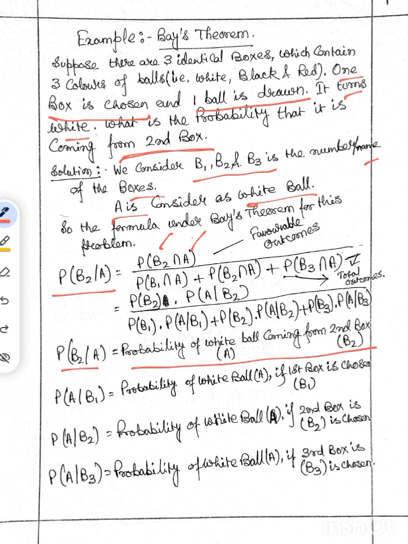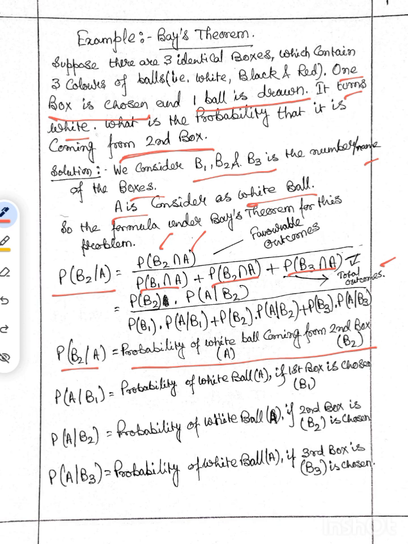But what is the total number of cases? All possible cases of white ball are the total outcomes. It may come from the first box, it may come from the second box, it may come from the third box. These are the total outcomes.